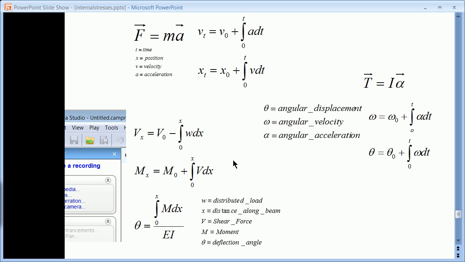It comes straight down along that point load. The moment is equal to the initial moment plus the area under the shear curve, and then your actual deflection angle is going to be related to the area under the moment curve divided by the resistance to rotation, EI. E having units, of course, of PSI or KSI, and I having inches to the fourth. You see how this stuff mathematically does relate.